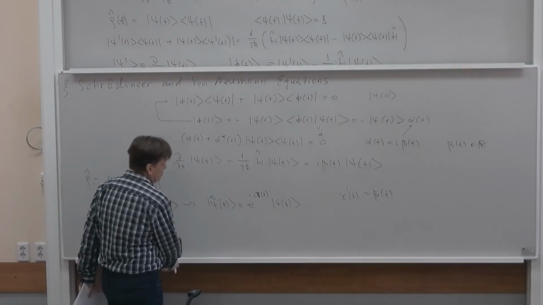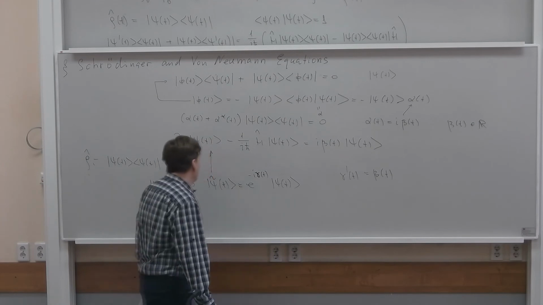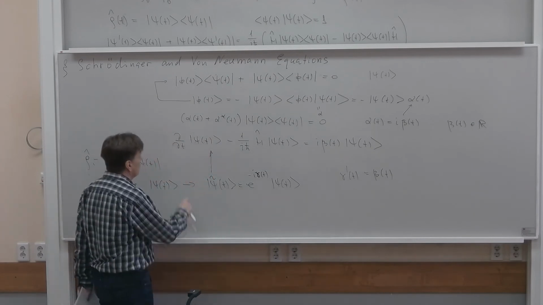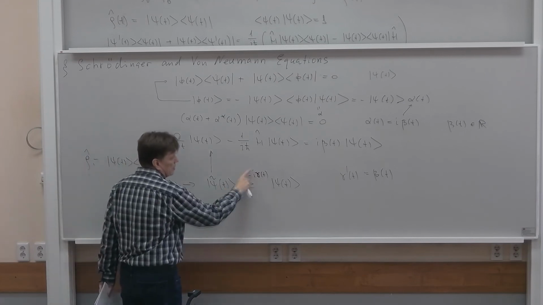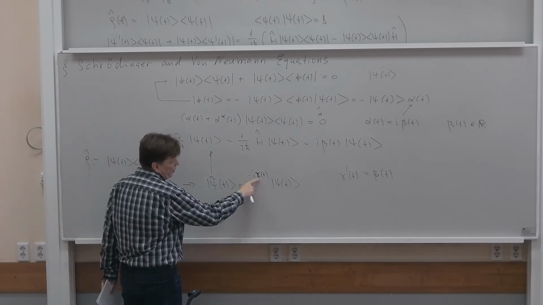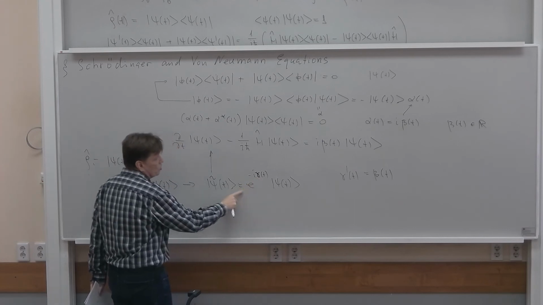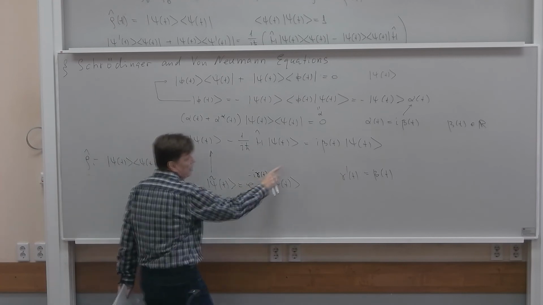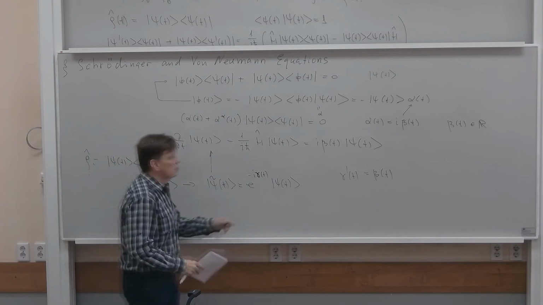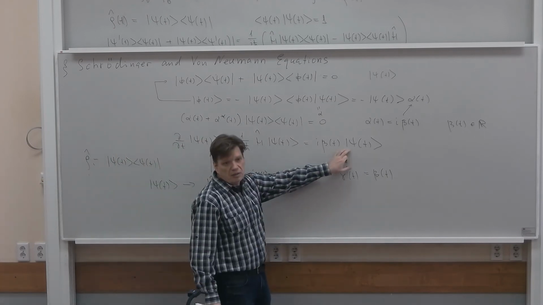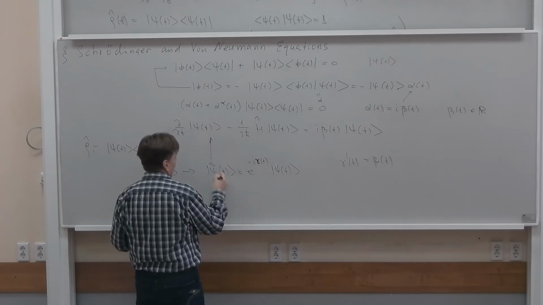Then substituting this psi tilde in our equation, when this derivative hits this exponent gamma of t, it gives us some additional terms given by i beta psi, which cancel the same term on the right.